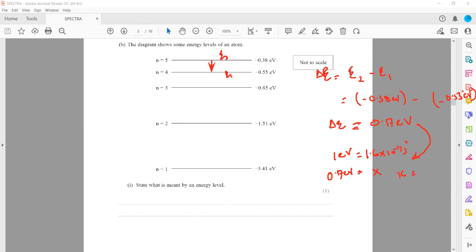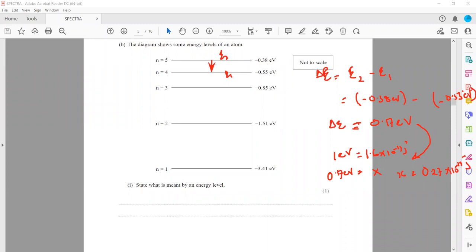When we cross multiply, this will come out as 0.17 into 1.6 into 10 to the power minus 19. This will give us 0.272 into 10 to the power minus 19 joules.